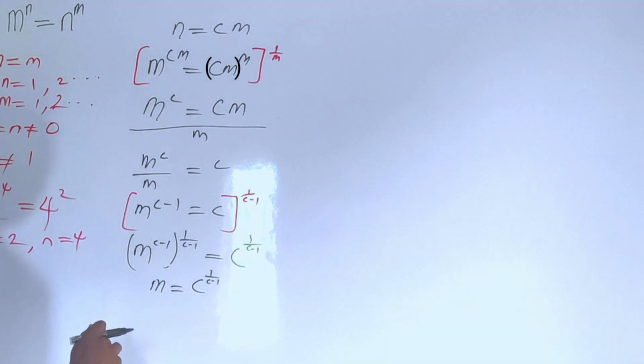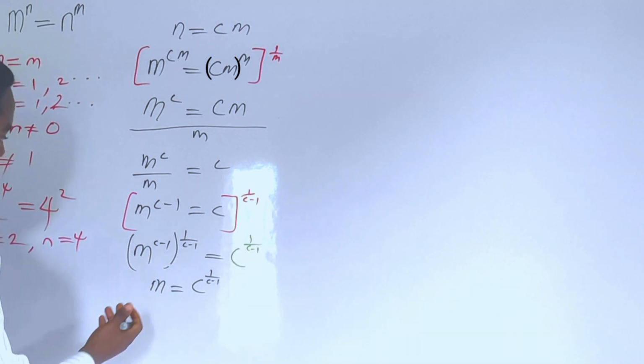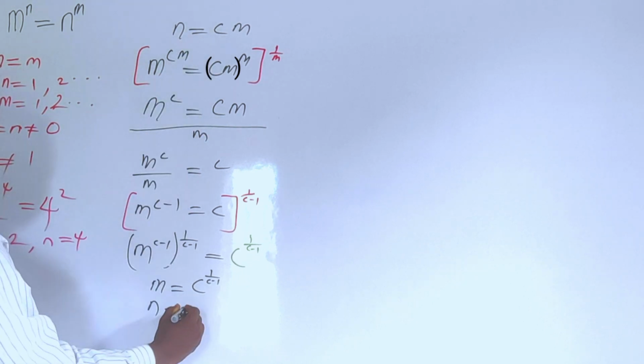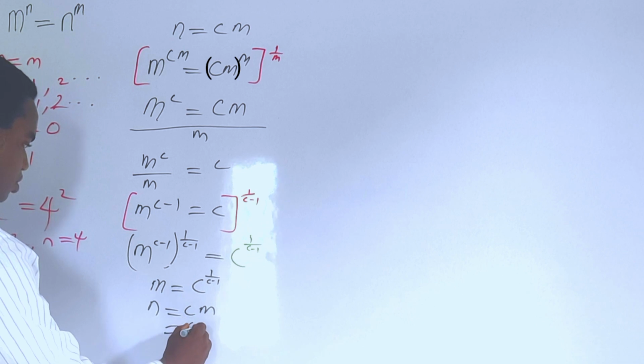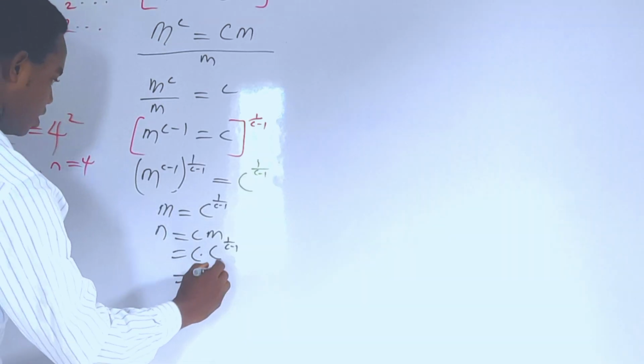Okay, great. Now we've obtained the value of m. What of n? We set n is equal to cm originally. So let us take it from there. So n is equal to c multiplied by m, and that's going to be equal to c multiplied by c raised to power 1 all over c minus 1.